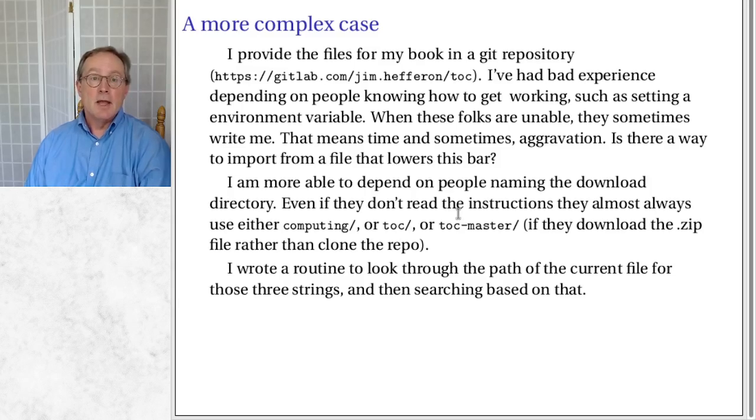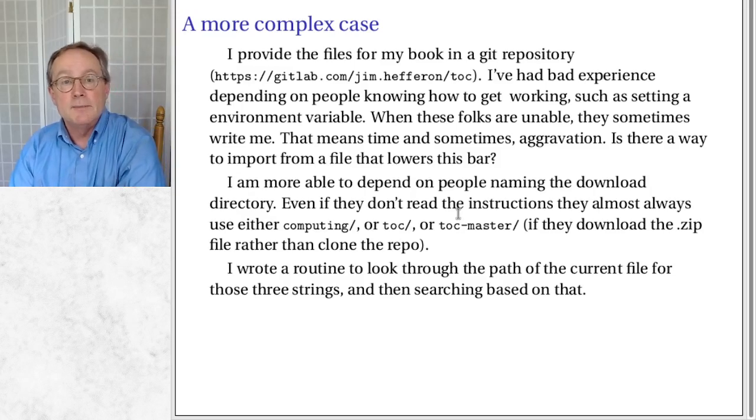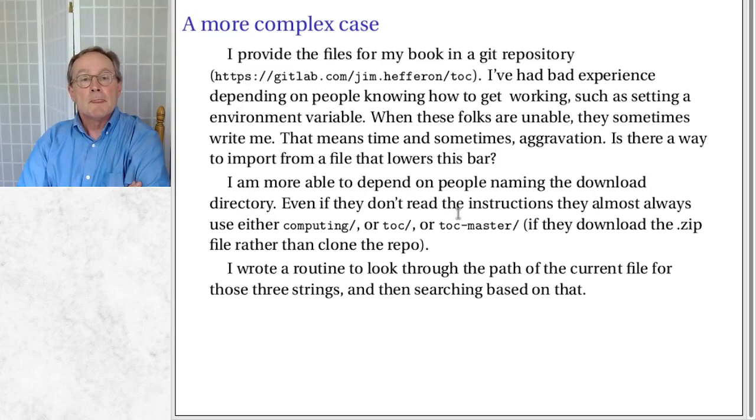That is to say, people who download the files always seem to use a limited number of names. Computing, because that's the name that I used for the book. It's on the theory of computing. At the GitLab, I keep it on GitLab. The GitLab project directory is TOC, so people who clone the material often clone it to TOC.